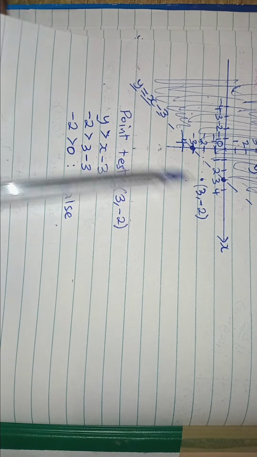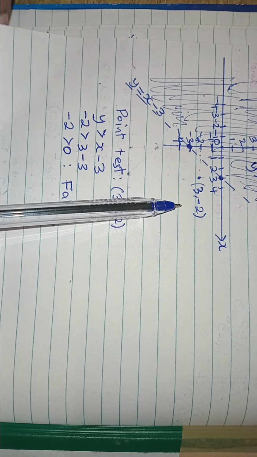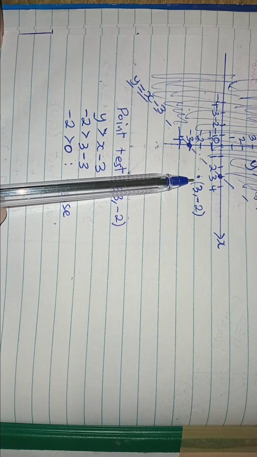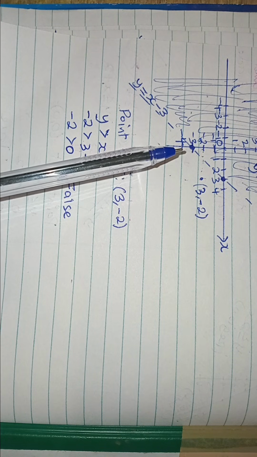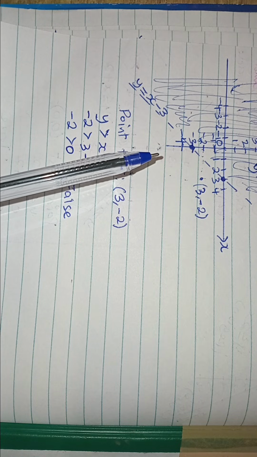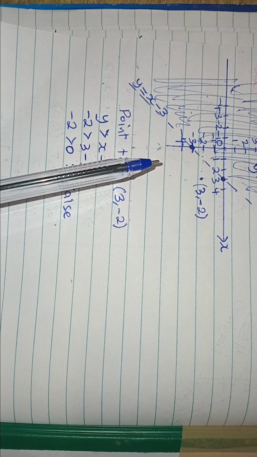Then the region where you pick the point should be your shaded region. If it is false, then the region where you pick the point is not the shaded region, but the other side is the shaded region. I hope this is clear.